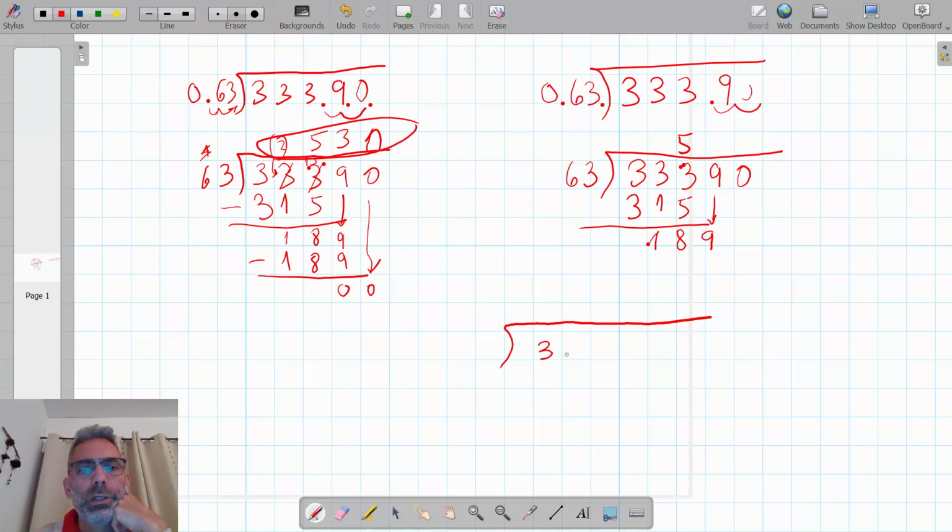If I had written this like so, I would have space between the number and the line, so I can put the 2 here, not above the line. Okay, so it's a foolish mistake.